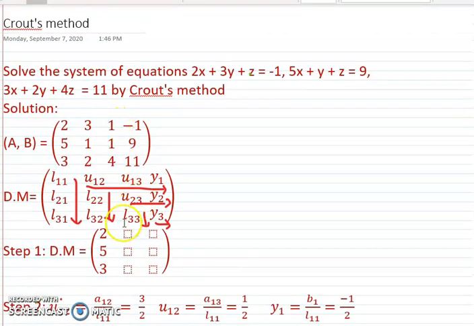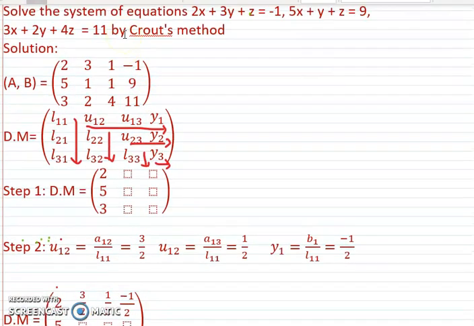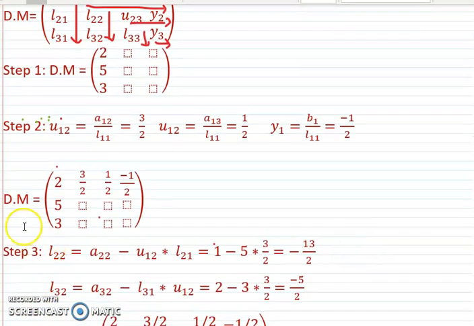So this element is 3 by 2, and this is 1 by 2, and here in this position we have minus 1 by the diagonal element 2, minus 1 by 2. So now we have filled up the first column elements and first row elements.